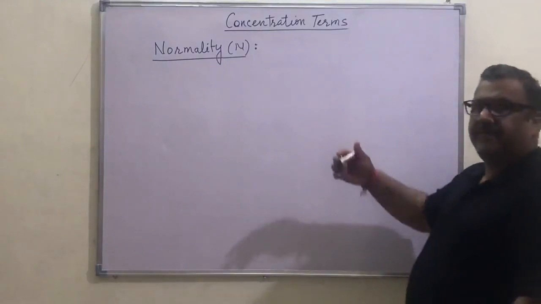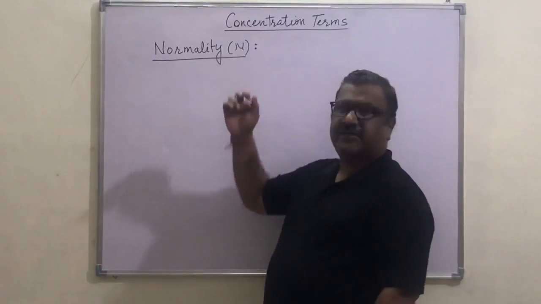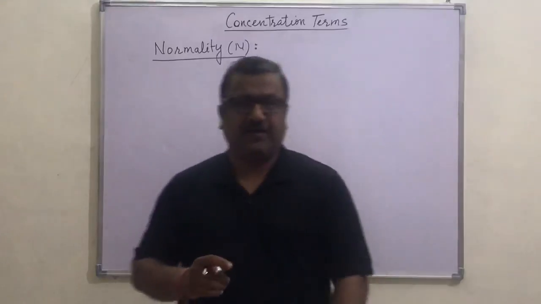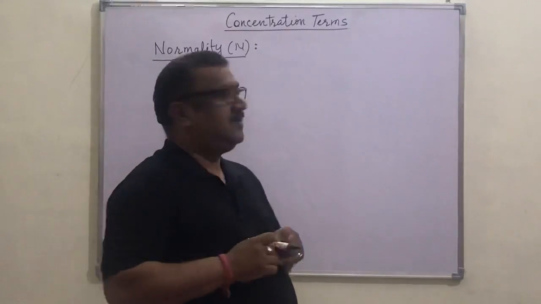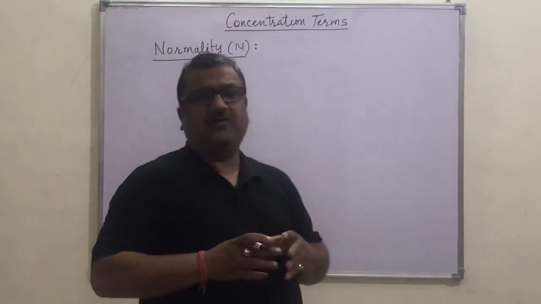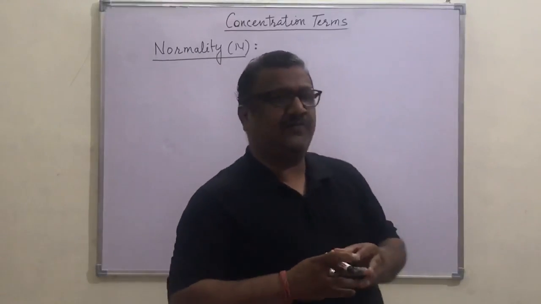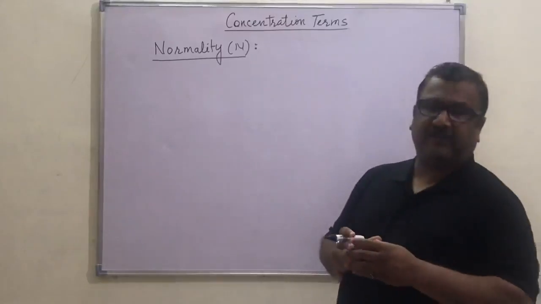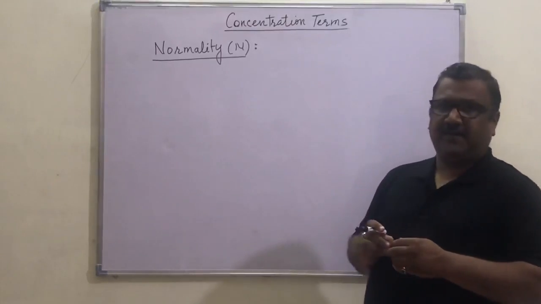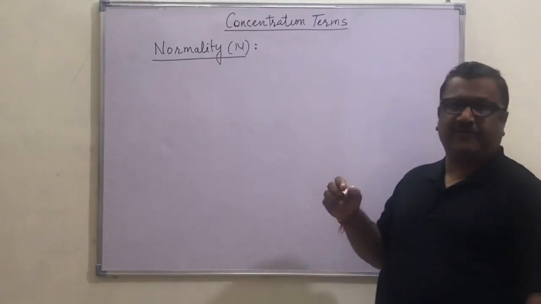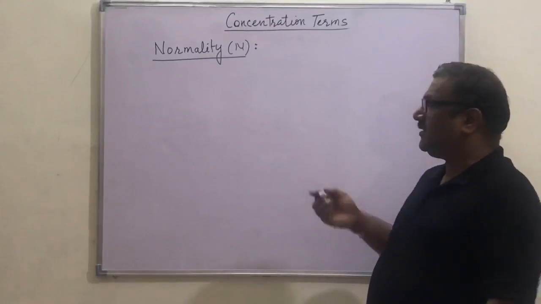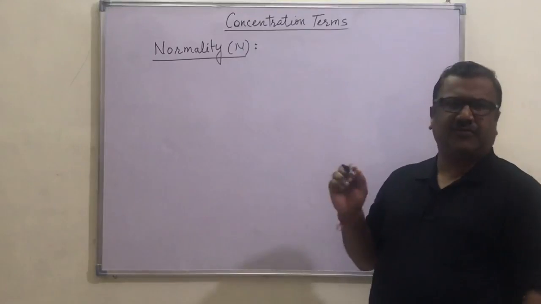Now we are taking up one more concentration term, which is normality, and it is a very important term for us. Without knowing normality, it will be very difficult to survive in chemistry. It is one of the most important concentration terms which we are going to use in a number of questions.